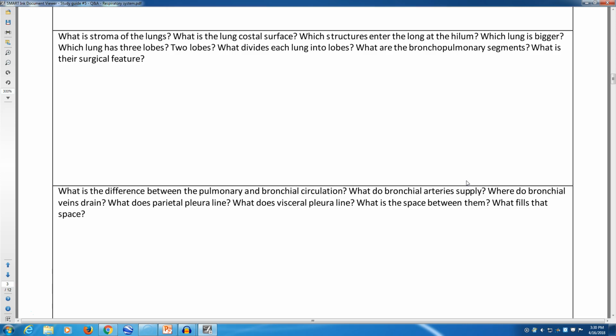The right lung is bigger, has 3 lobes. The left lung has only 2. Fissures, know them. Segments are the functional units that can be removed surgically independently. Okay? Just know that feature. It's basically the smallest part of the lung that can be independently removed.